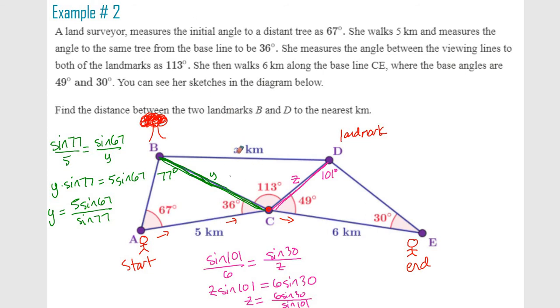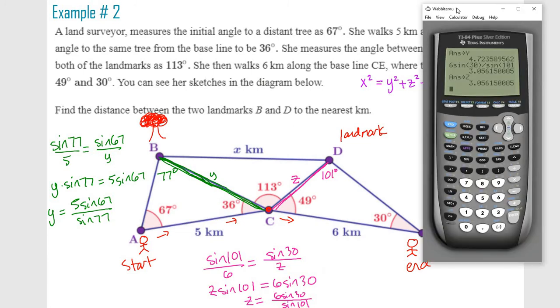To find the final answer x, we want to use the law of cosines. So we know that x squared equals y squared plus z squared minus 2yz cosine of 113.